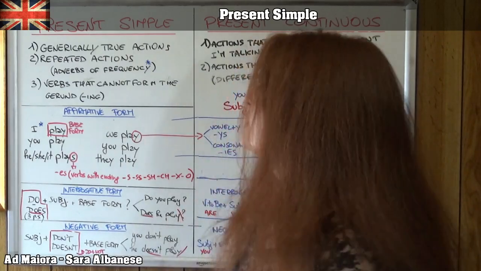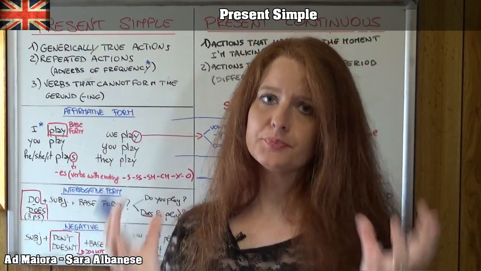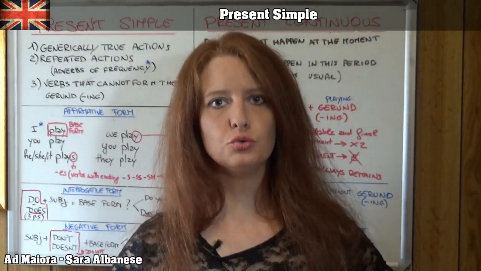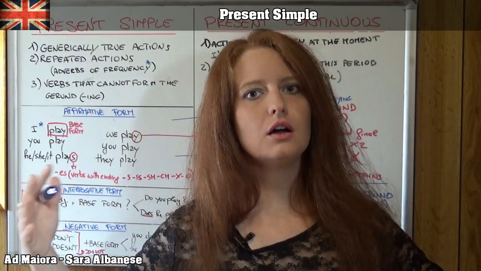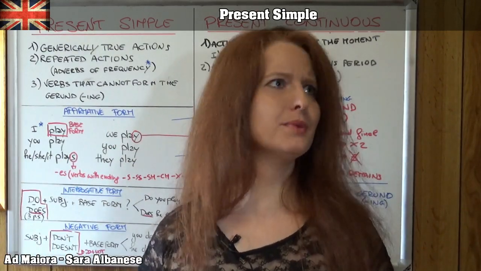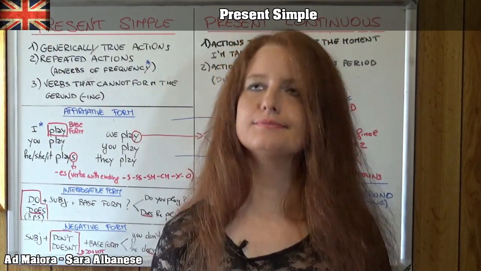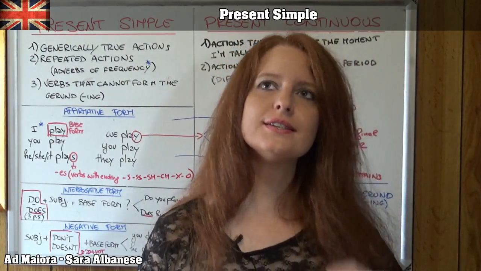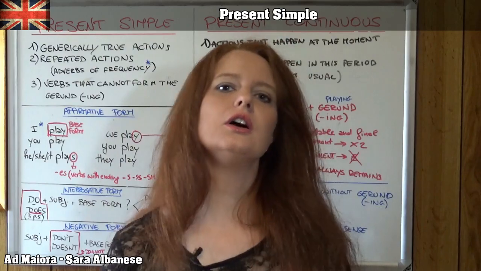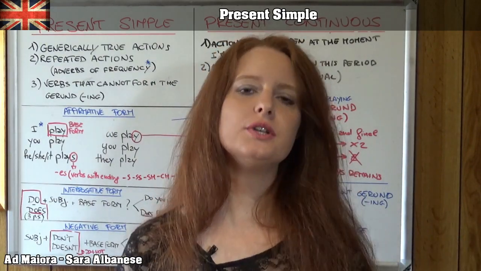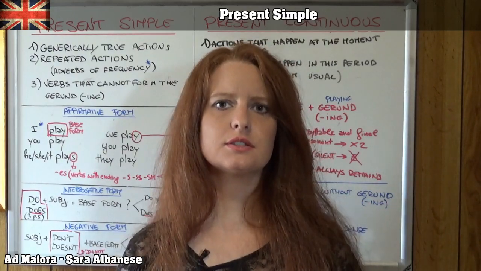So let's start with the present simple, and let's start finding out in which situations we are going to use it. First situation, first context. When an action is generically true or true for a long period of time. Maybe it's a habit, or maybe it's a scientific statement. Let's make an example. If I say water boils at 100 degrees, this is a scientific statement.